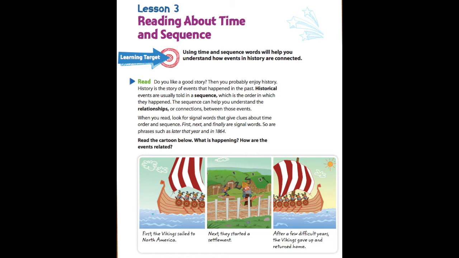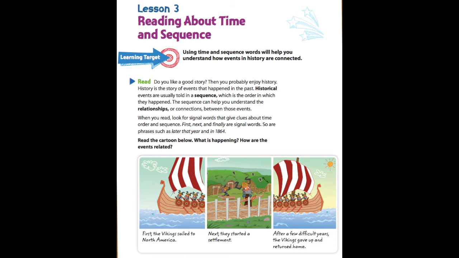So we're going to read the cartoon below. We're going to find out what's happening and how the events are related. So let's take a look at that cartoon. Remember, we're looking for those sequencing signal words to tell us what order these events are happening in.